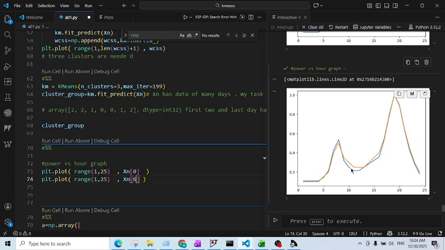Not too similar. You have some curves here, some non-similarity, but it looks pretty much the same. And let's see 5. Oh, this also does not look similar. Okay, so by taking these graphs, you can find the similarity or dissimilarity between the days.